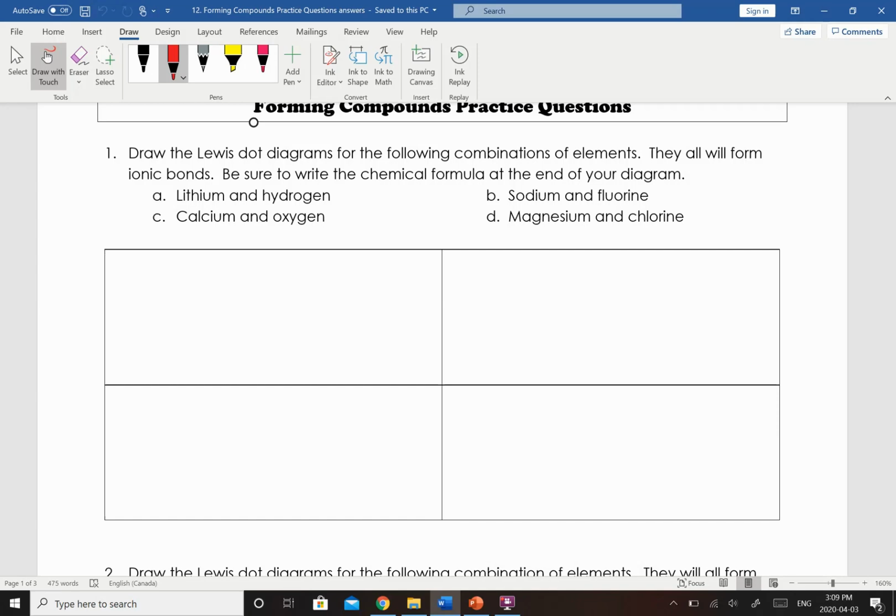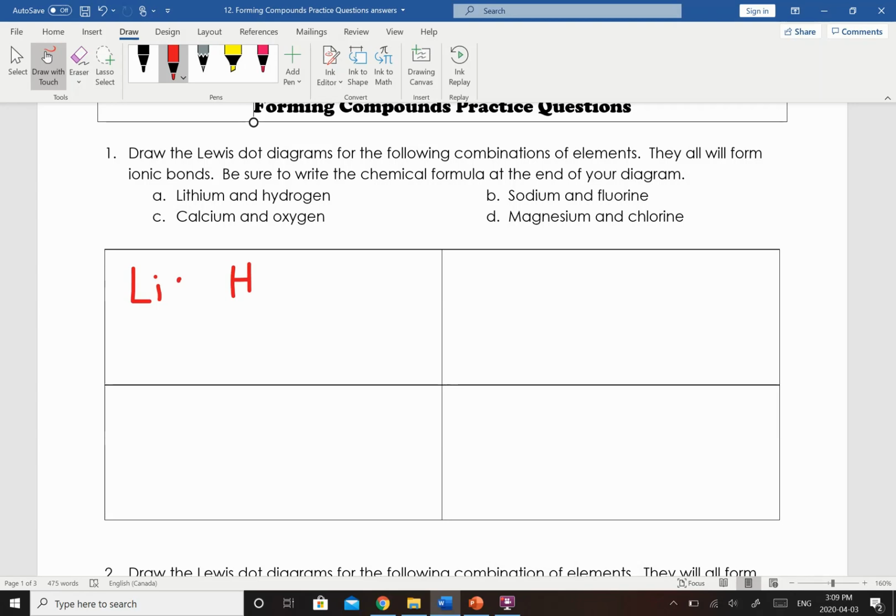So here we have lithium hydroxide. So a metal and a nonmetal. We have lithium, between lithium and hydrogen. We have lithium with 1 valence electron, and we have hydrogen with 1 valence electron.